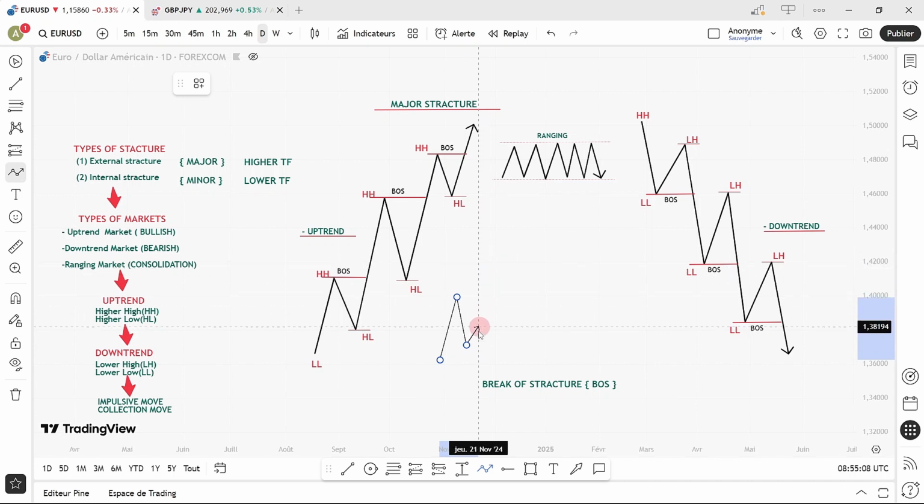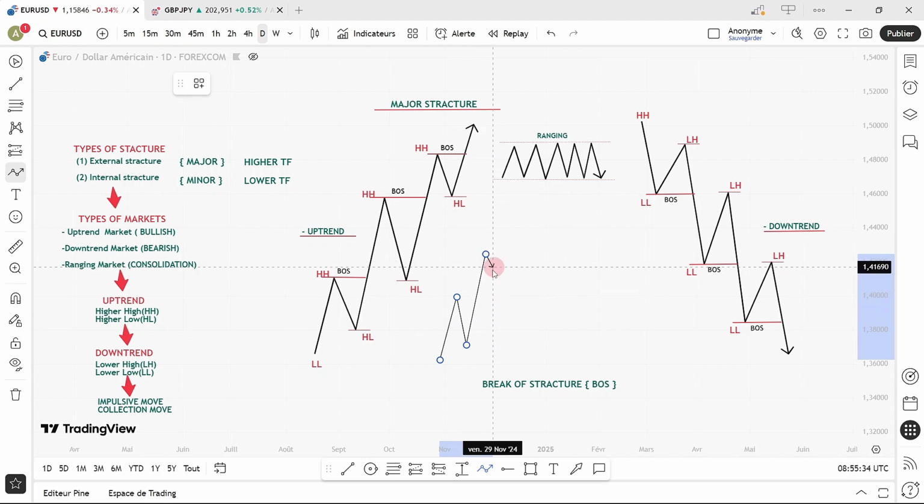If you entered from here, you're going to put your target on the recent higher high, because the very important job of this higher low, this correctional move, is to attack or break this higher high so that the already existing trend continues.